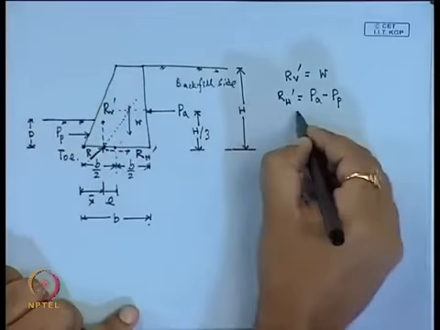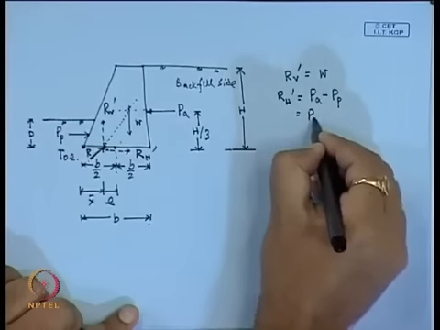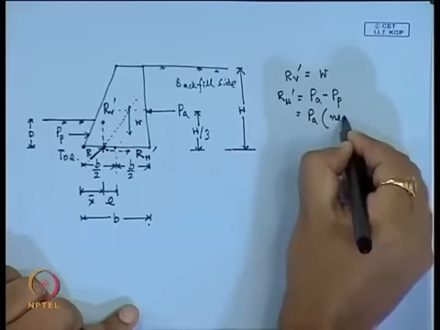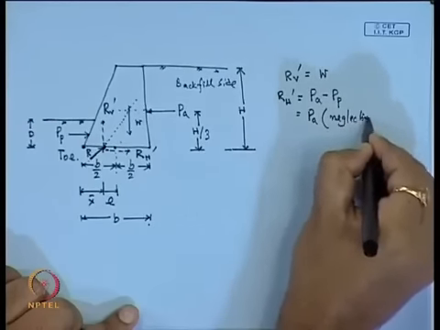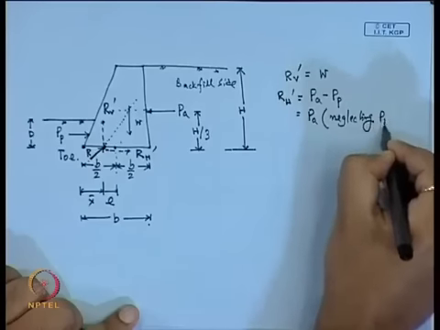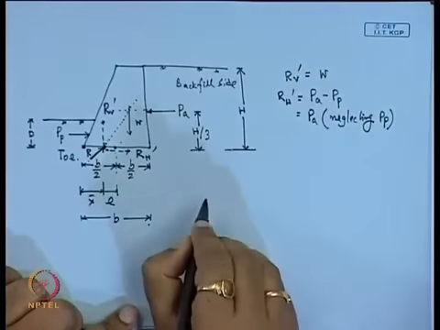So if I neglect P P and consider only P A, then R H dash will be equal to P A.